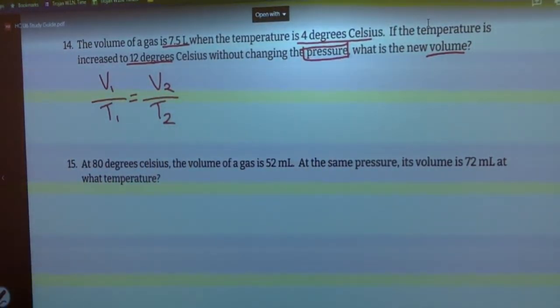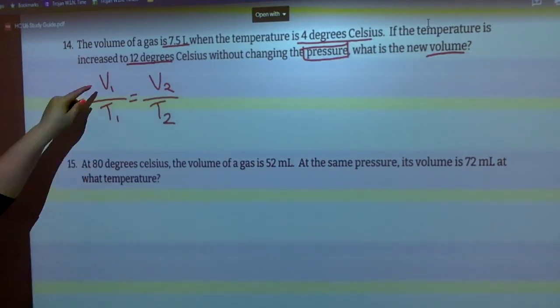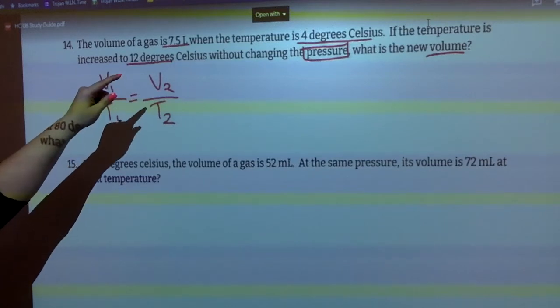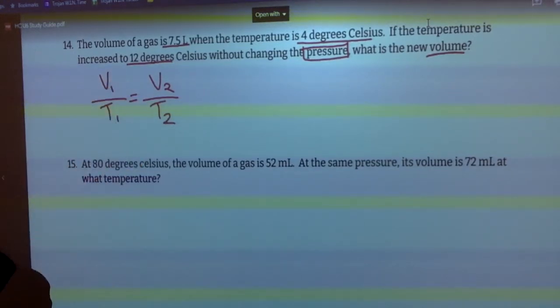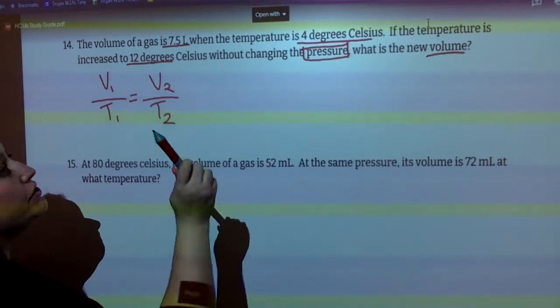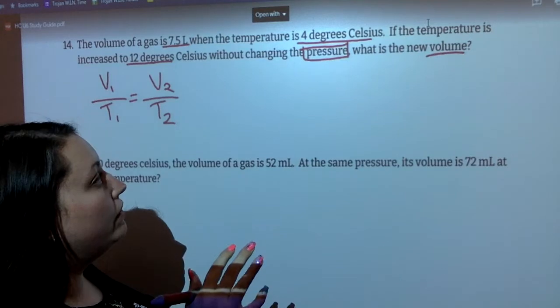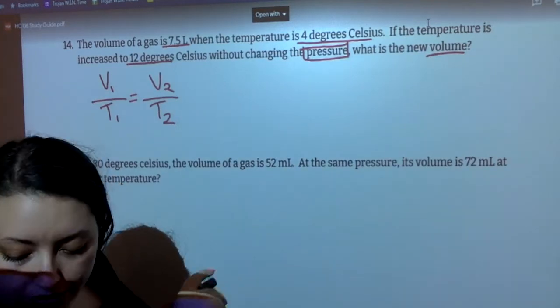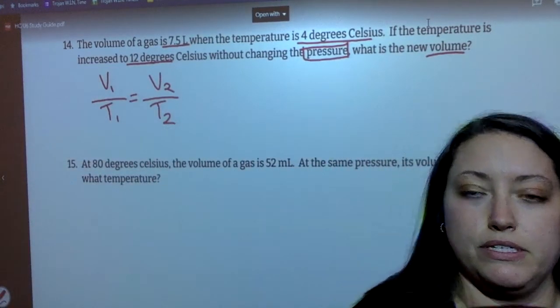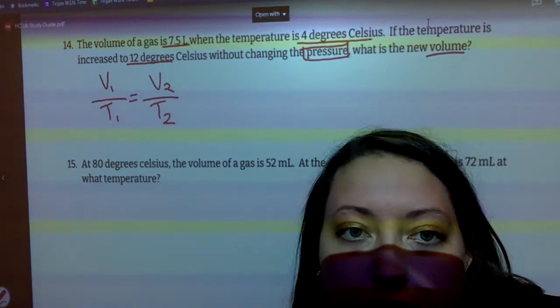All right. So you're going to have your volume 1 over your temperature 1 set equal to your volume 2 over your temperature 2. So we're just going to plug this stuff in. Your temperature has to be in Kelvin, so we're going to go ahead and work with it in Kelvin. Let me just move over to this side so you can see it a little better.